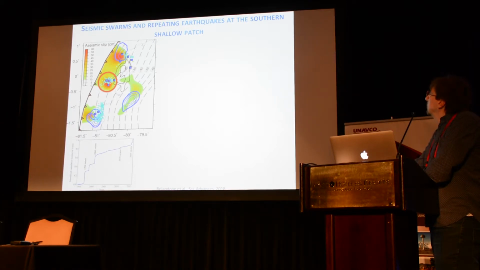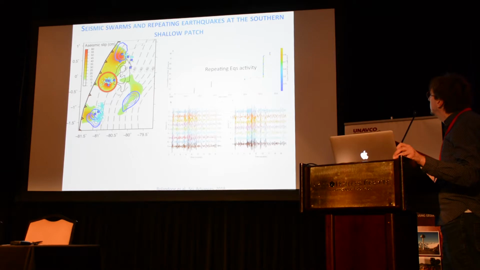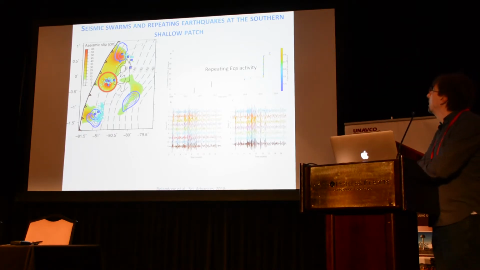And the second thing that we did is to take some waveforms from the aftershocks and go back, since we have broadband seismological records in the area. What we see here is repeating earthquake activity that is sometimes activated and that witnesses the occurrence of some slow slip events that we could not detect by geodesy.